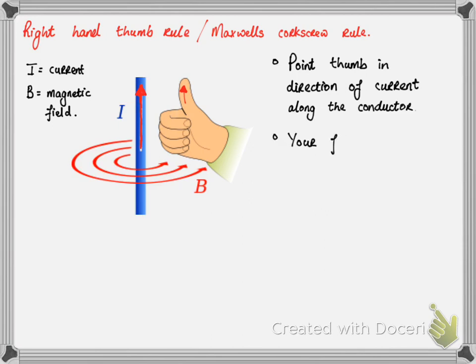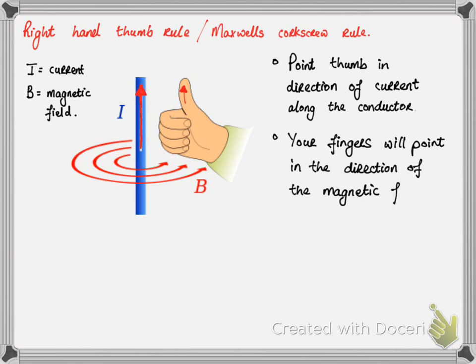The next thing you're going to have to look at is your fingers. Your fingers will point in the direction of the magnetic field lines. So here you can see that the fingers are pointing this direction, and that is the direction of the magnetic field lines. This works for a straight wire only though.